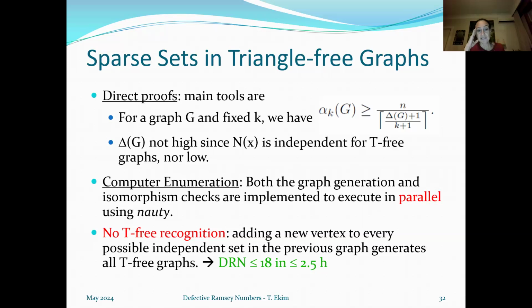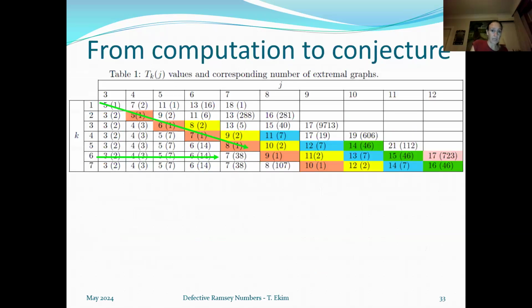So this sped up our implementation a lot. We could compute defective Ramsey numbers up to 18 in less than 2.5 hours.